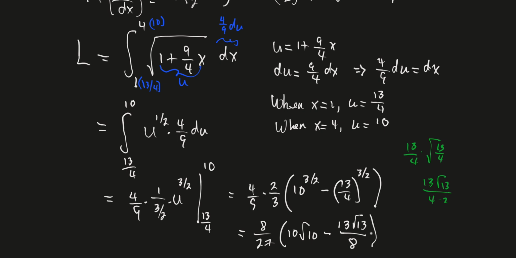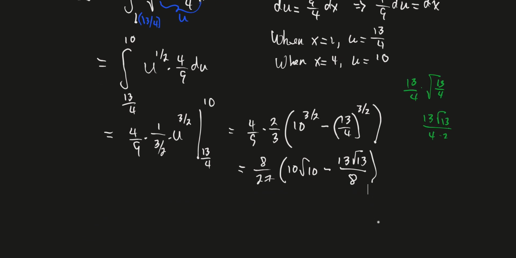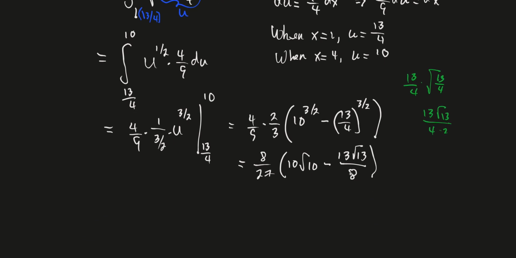Now, if you wanted to factor out the 8, you could, and this is what it would look like, or I should say 1 over 8. You'll have 8 over 27 times 1 over 8, which means you have to multiply this first term by 8.